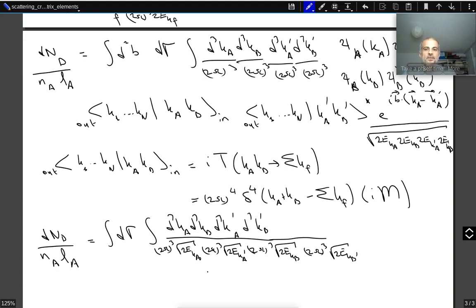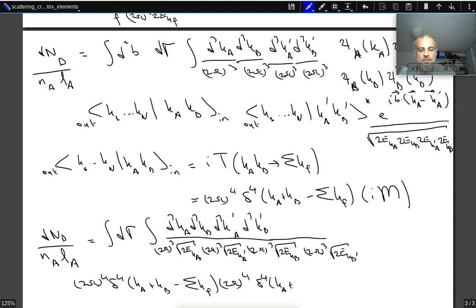And then we have this matrix element, 2 pi to the 4 Dirac delta 4 of ka plus kb minus the sum of kf, and the other Dirac delta to the 4 of ka plus kb minus the sum of kf. These are for the prime. By the way, kf's are not prime because they are the same kf. We are not integrating over that.